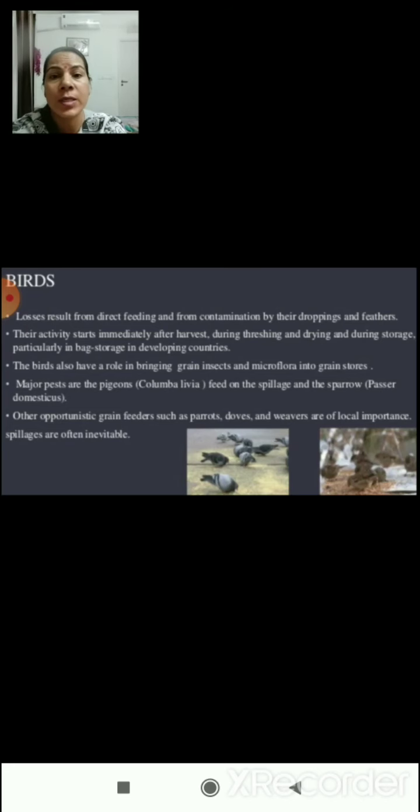Other opportunistic grain feeders such as parrots, doves, and the weavers are of local importance, and these also result in loss of grains up to a certain level.